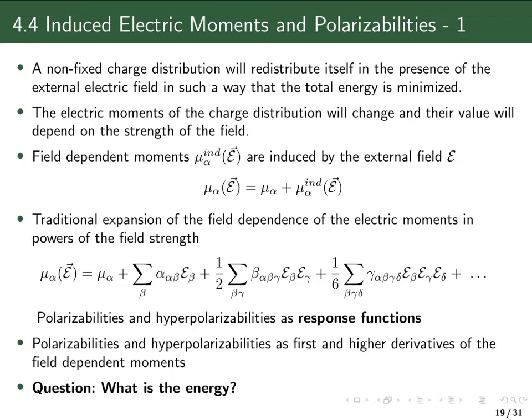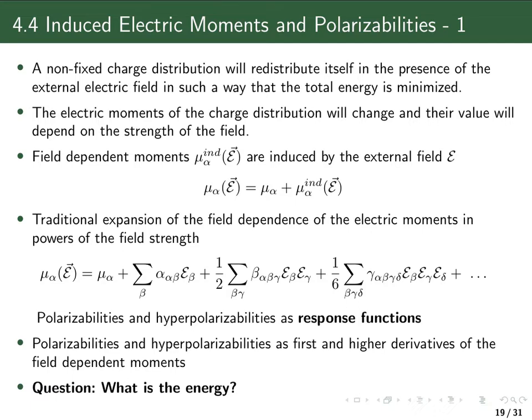Now, since the electric dipole moment has three components and the field has three components, this proportionality constant in reality is 9 constants, which are the 9 components of what is called a second rank tensor. And this property is called the dipole-dipole polarizability, or typically just called the polarizability.